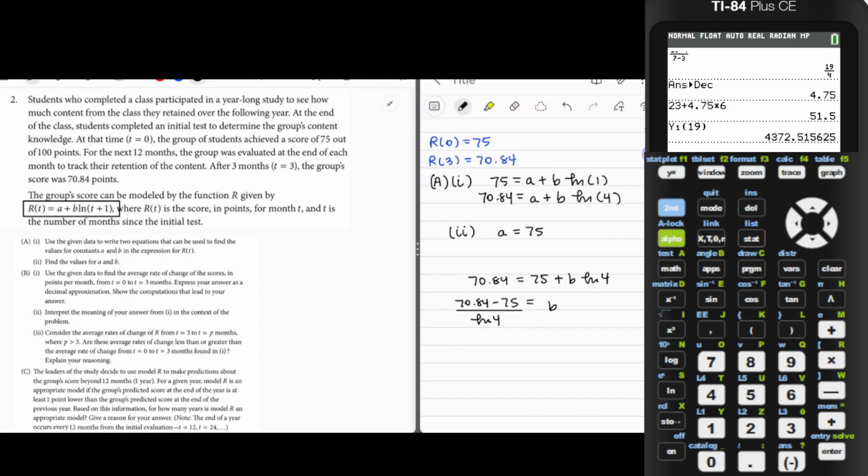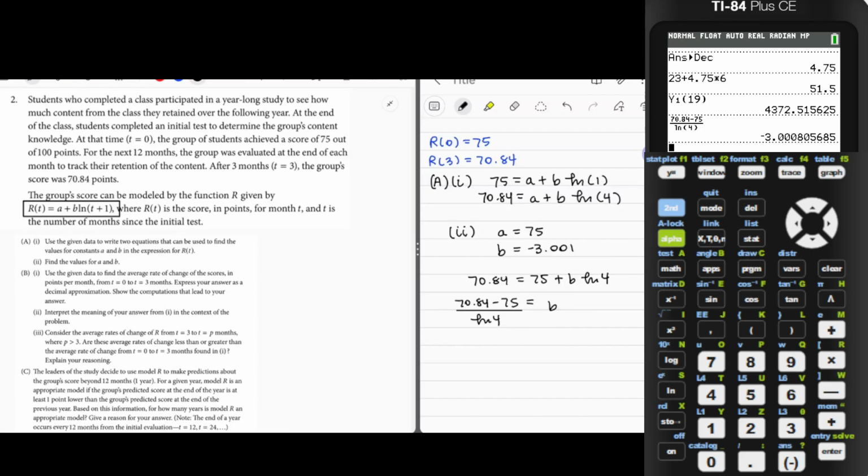Okay, and then I'll type that into the calculator just as I'm seeing it, calling for a fraction bar: 70.84 minus 75 divided by the natural log of 4, and I'm going to get negative 3.001.